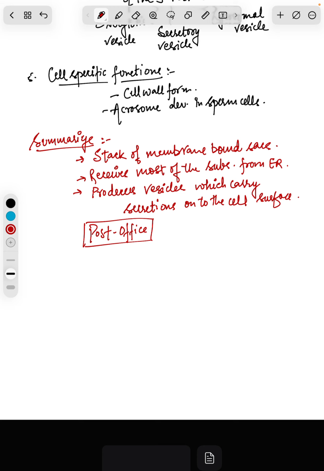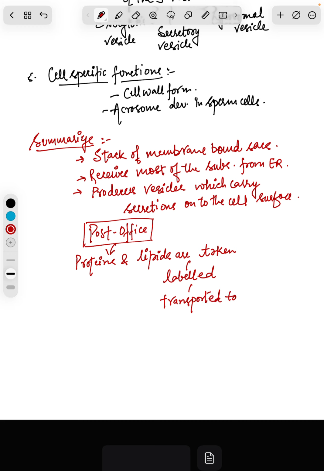So in this post office, proteins and lipids are taken, get labeled and get transported to their destined location within the body.